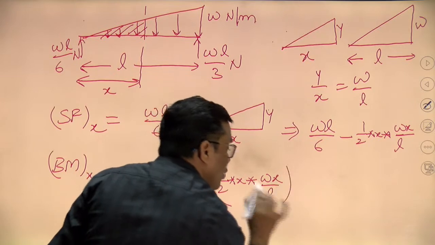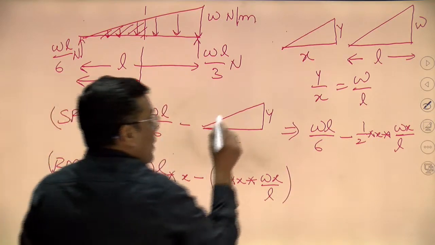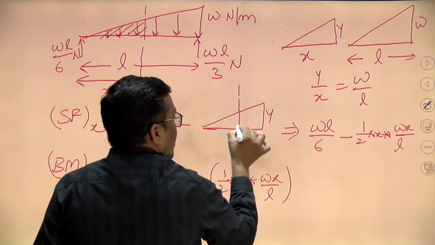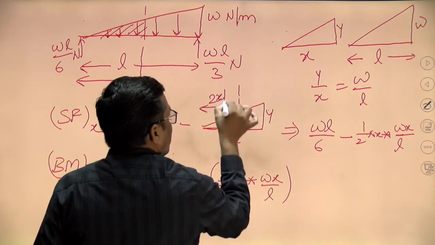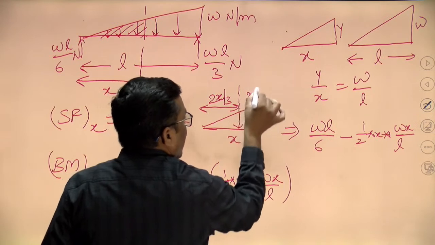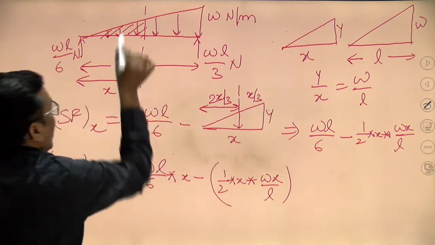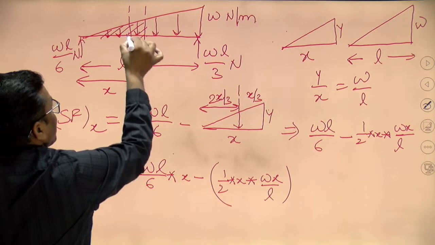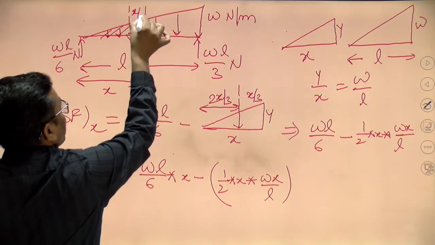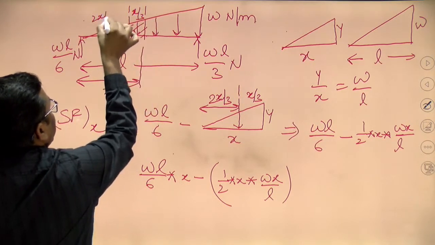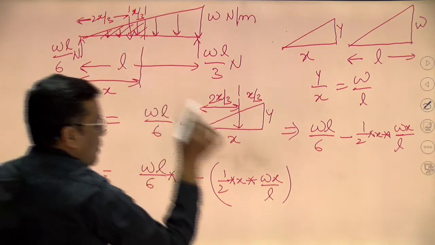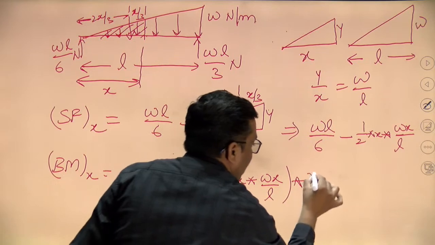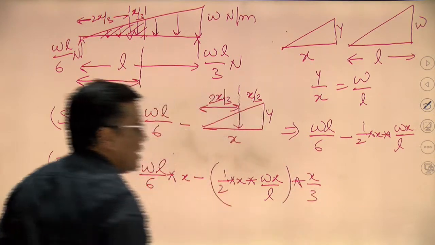This is the load. Okay, it will be effective where? This will be effective at 2x/3 and x/3. Moment कहाँ ले रहा हूँ मैं? This is the position. This is x/3. This is 2x/3. Moment कहाँ लेना है? At the section plane. So I will be multiplying it with x/3.